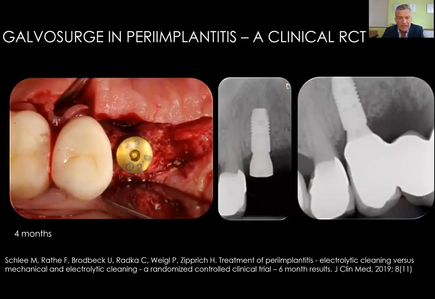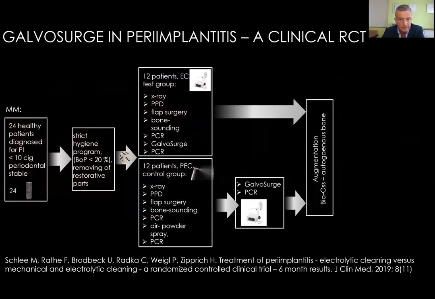And we opened the site after 4 months in this case, because this patient moved to America. So the bone is not that mature, but you can see we achieved, at least clinically, a reintegration of the implant. Of course, this does not prove re-osseointegration on a histologic base, but we proved that in this preclinical animal study before.